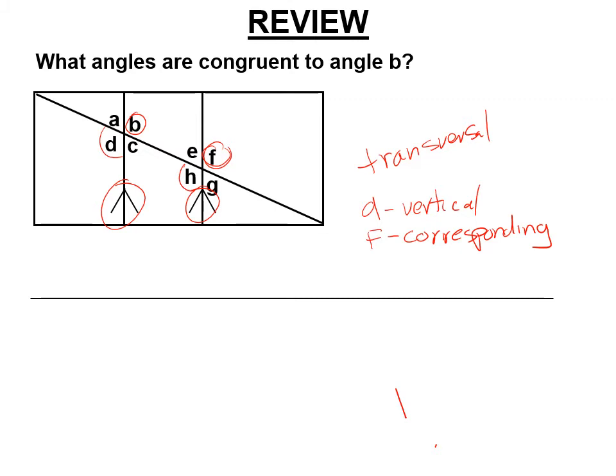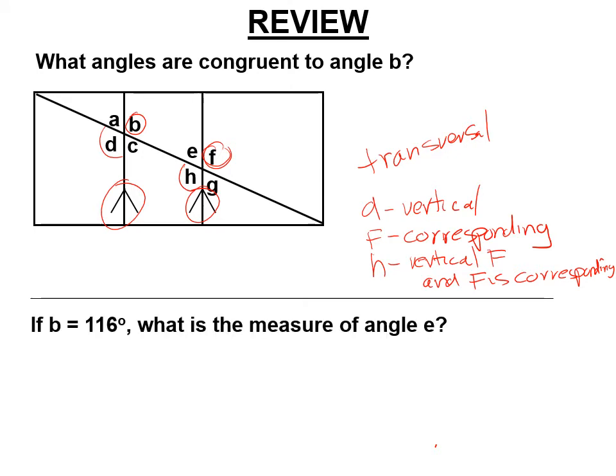H. H is the same measure as B. And the reason is because it is vertical to F, and F is corresponding. Or you could have done it's corresponding to D, and D is vertical. Either one is proof that it is congruent to B.